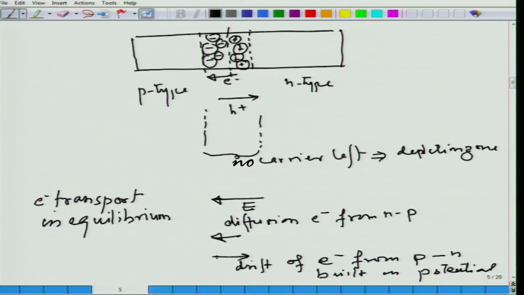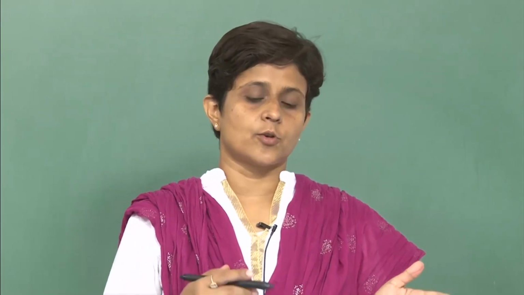When these two are equal, the system is in equilibrium. At this point, no more electrons are going from the n to p type, and no more holes are going from p to n type. The same situation is happening to the holes, and in that situation you have a p-n junction which is in equilibrium.